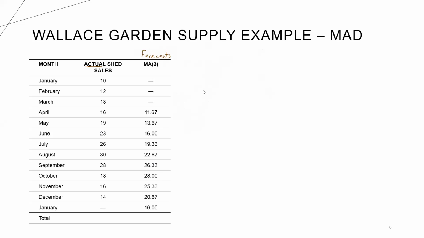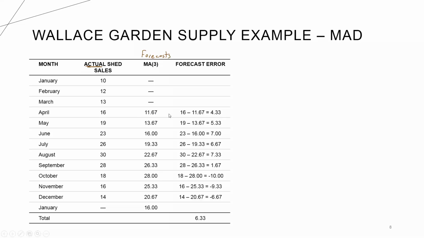For each error, we can just subtract: actual minus forecast. 16 minus 11.67, and so on. That's done here, so you get all these errors. You can see some of them are positive, some of them are negative.